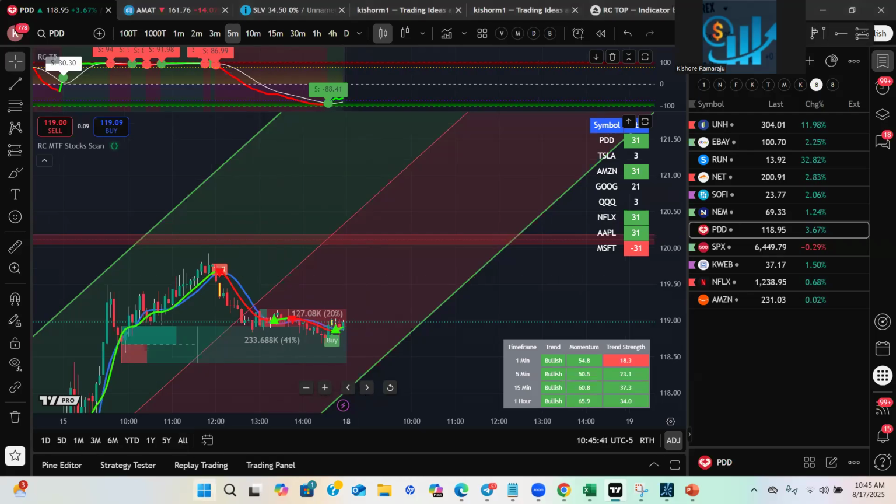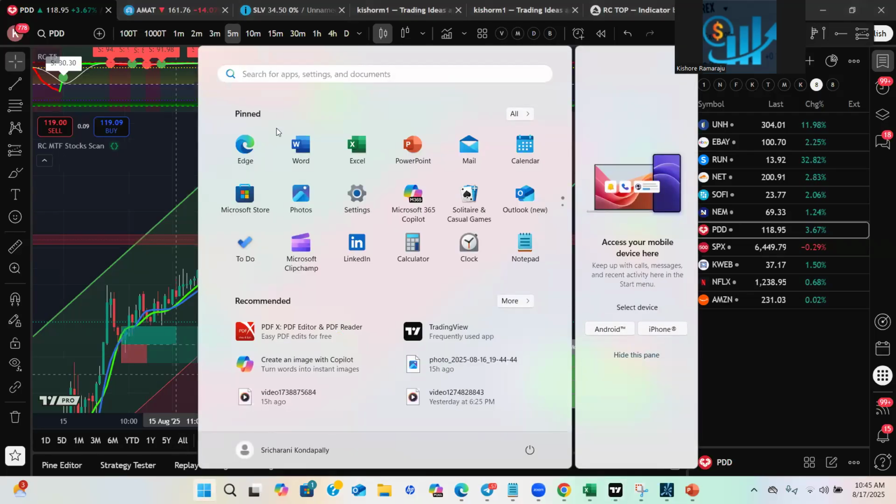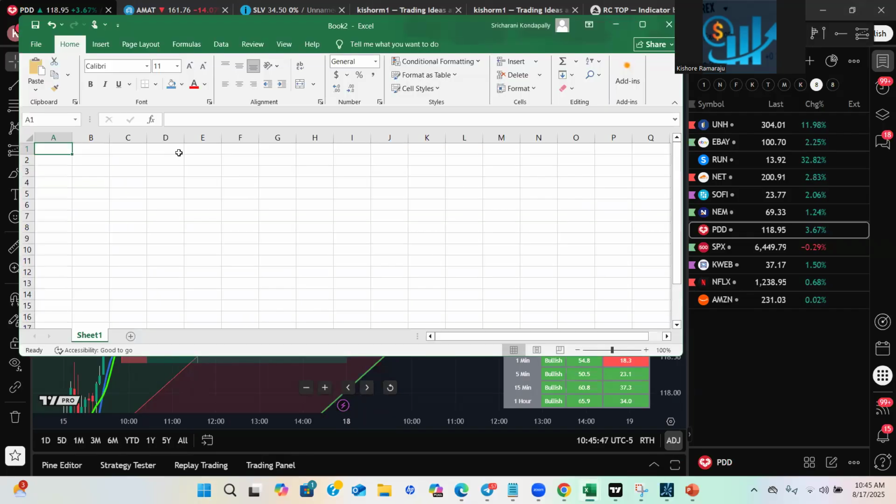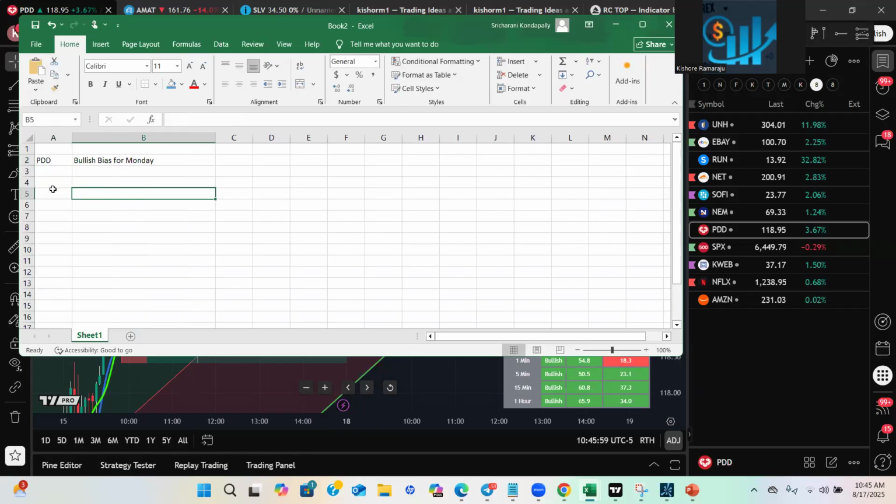So now you have different options you can do. So, PDD, bullish bias for Monday. So now you can do different things. One is your option one, you want to make some money with stocks.